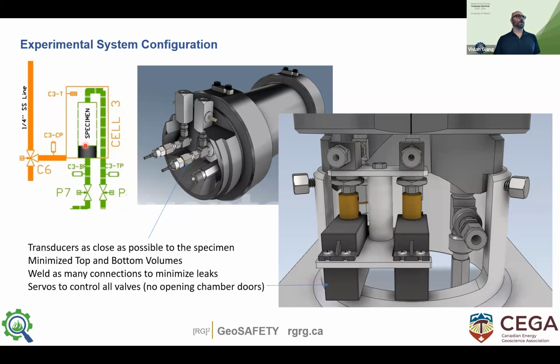But when we're measuring very small pressure changes over time, leaks are always a problem. So you assume that there's no pressure leaking out of any of these 8 connections in the line between the valve, the transducer, and the specimen.